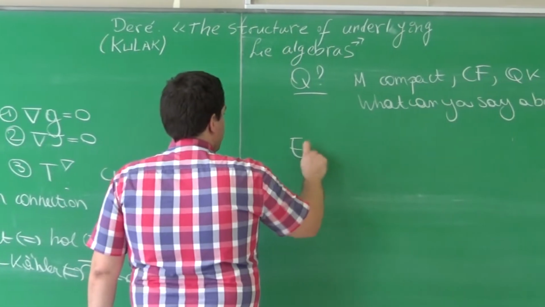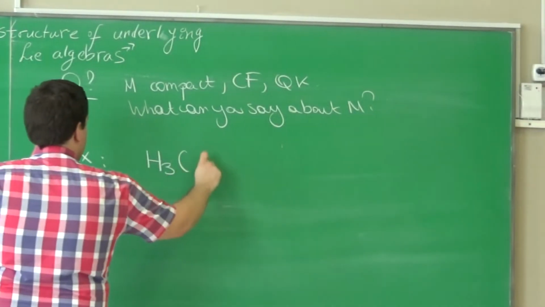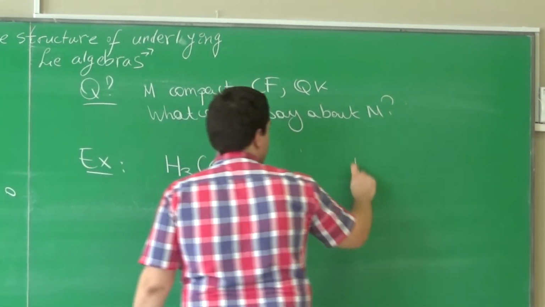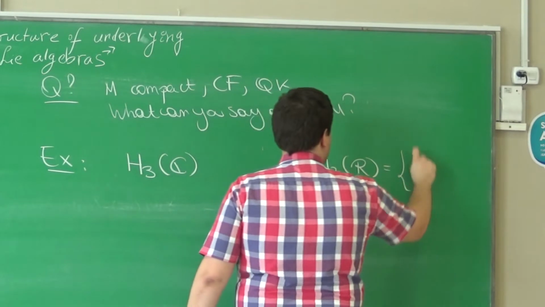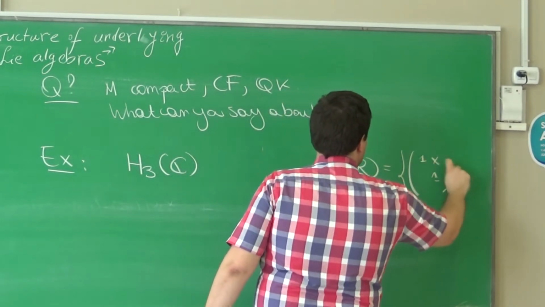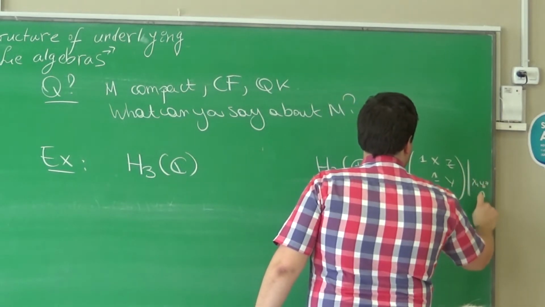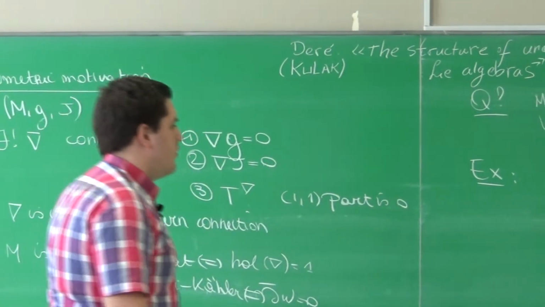So the example that I will give, you start from the complex Heisenberg group. If I write H3 of a ring R, that's just upper triangular matrices with one on the diagonal, and where x, y, and z lie in this ring R. Okay, I will do this for more than just fields, but also for rings.